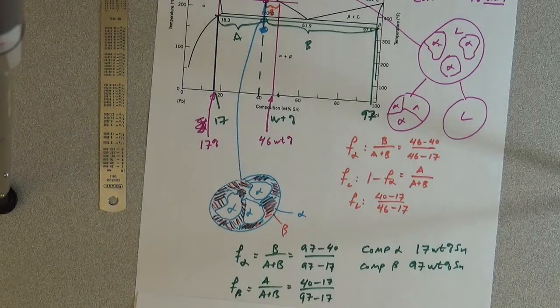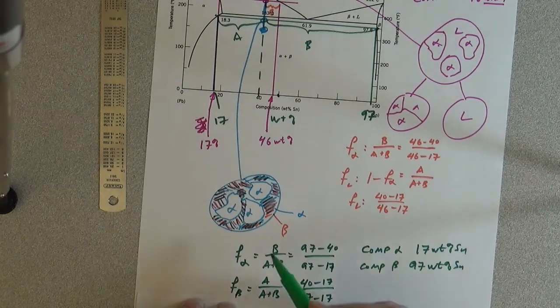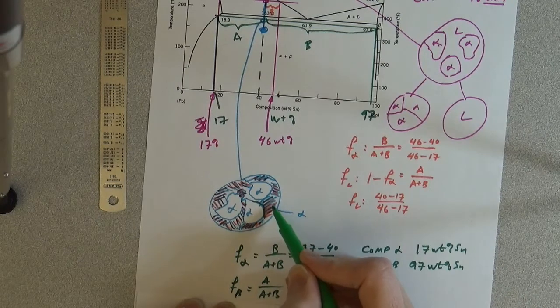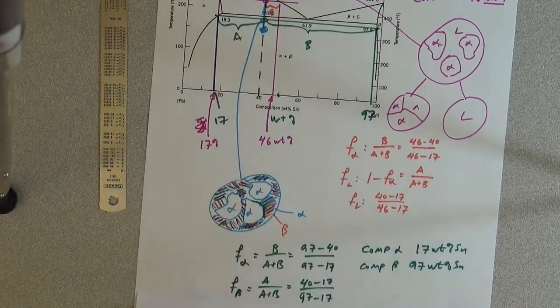Now another question we could ask is about the relative amount of microconstituent, right? So we could say, what fraction is this eutectic type lamellar microstructure as compared to the primary alpha microstructure?